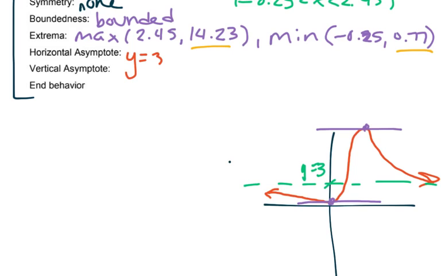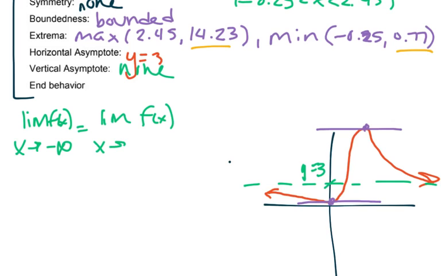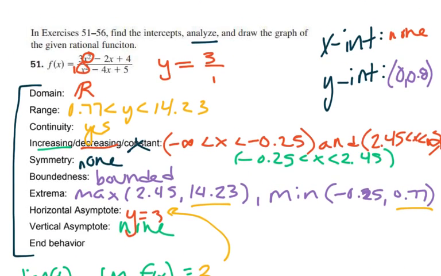Because of that, our end behavior is going to say the limit as x goes to negative infinity is the same as the limit of the function as x goes to positive infinity, because they're both going to be at that 3 from the horizontal asymptote. And then we don't have any vertical asymptotes, so we won't do those as the approaching. All right.